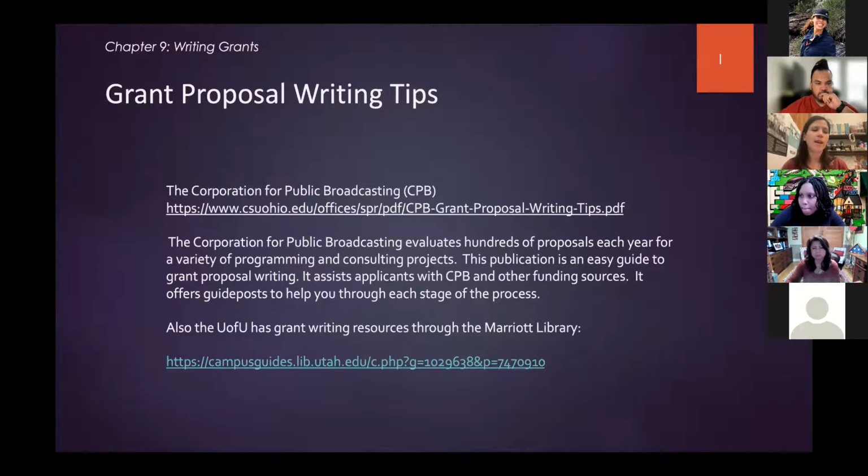The other thing is that at least here at the University of Utah, now that you have a student ID, there are people you can contact that might have experience with particular grants, and they might read your grants and give you some comments about what to improve.